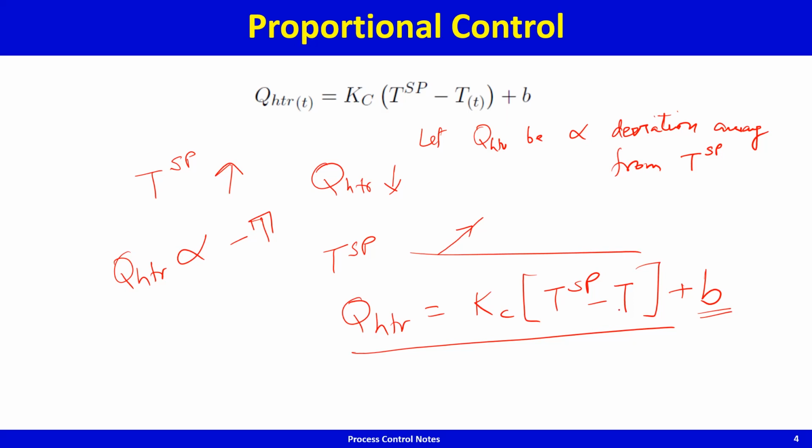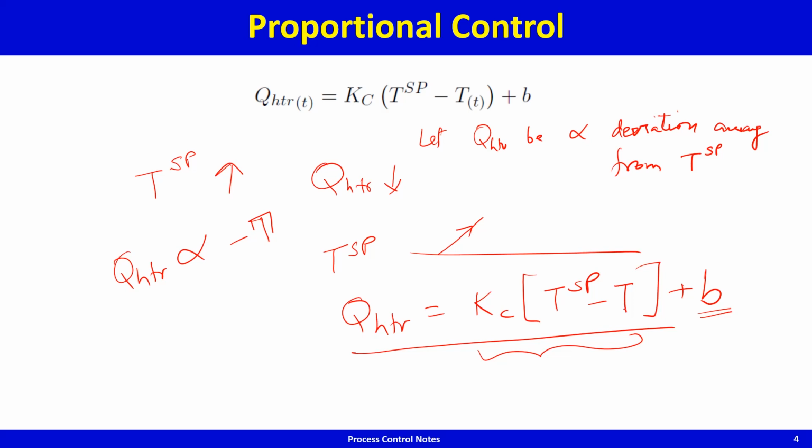What it means is, let us say temperature goes below T set point. If the temperature is at T set point, then this term is 0, this term is 0 when T is equal to TSP, and the valve position of QHTR is whatever is the bias. So let us say the valve is 50% open, meaning that the bias term B is 50%.